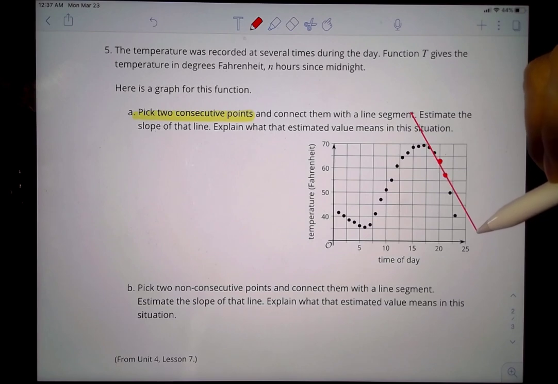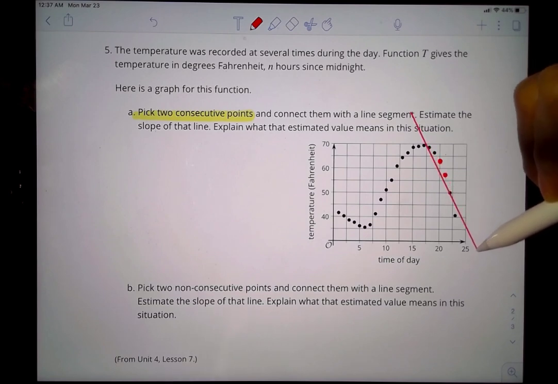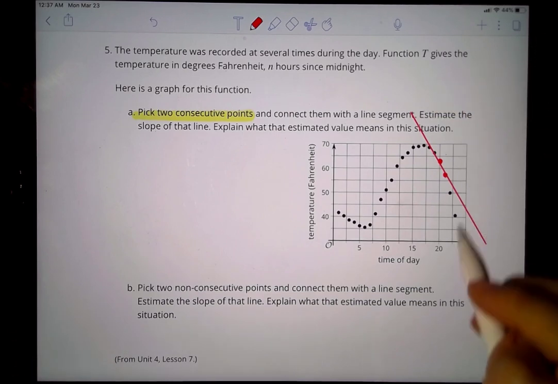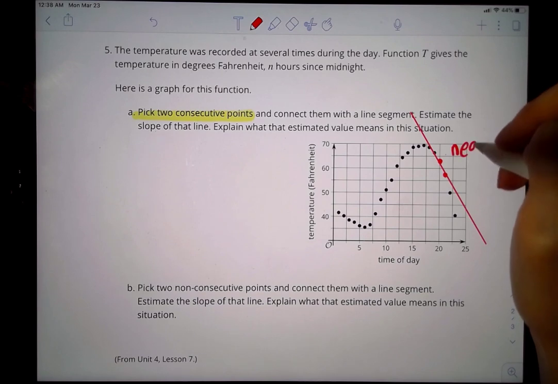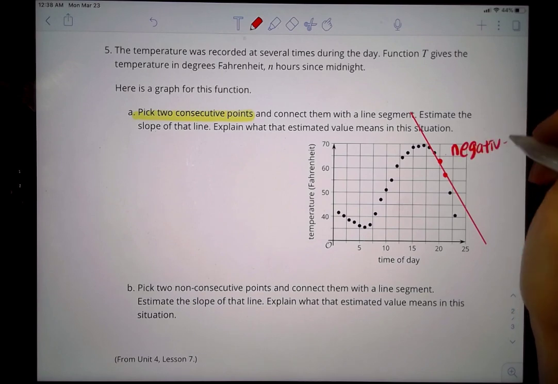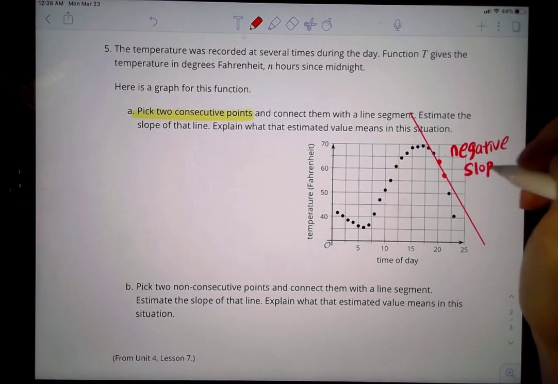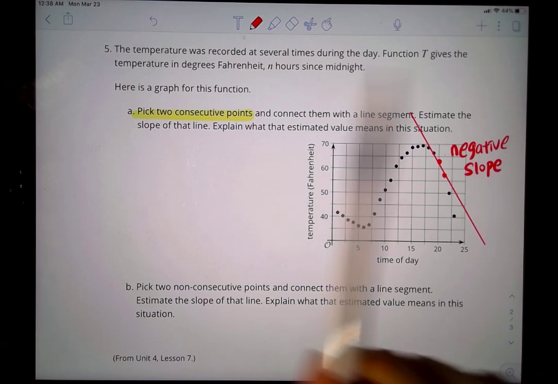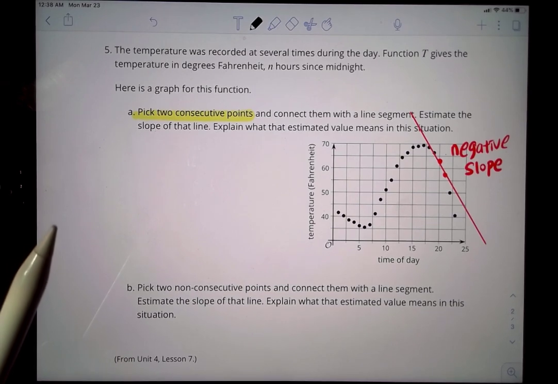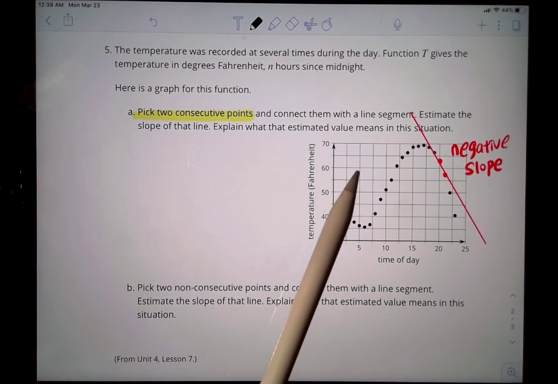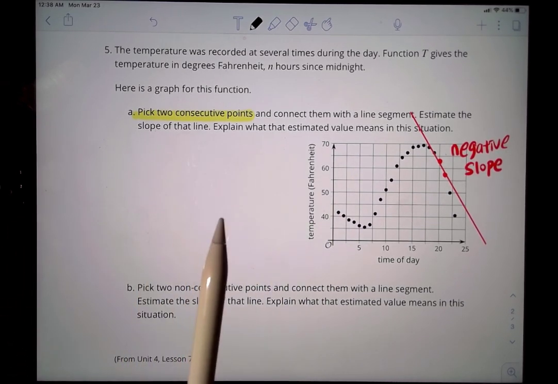I just want to see what's going on there. Oh my god. It's like off. So anyway, when you look at the line, that's a negative slope, right? It's a negative slope. And also we need to find 2 points. So let's say the points first.